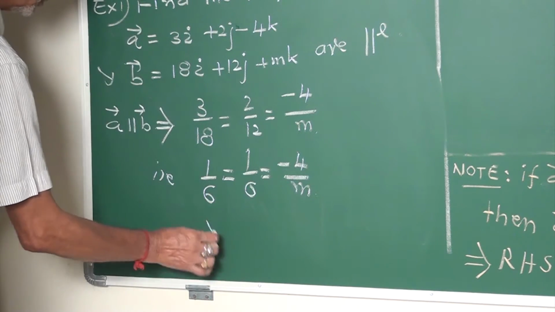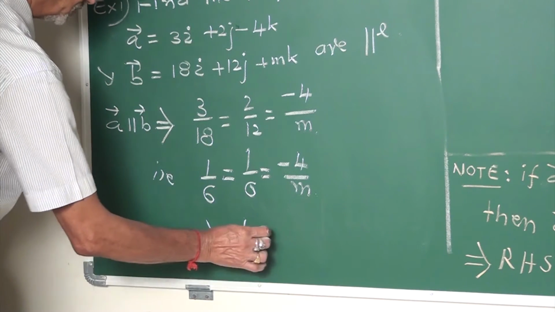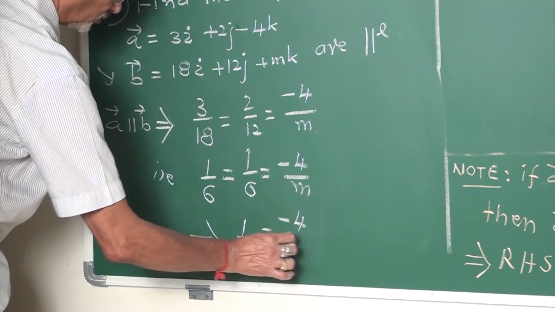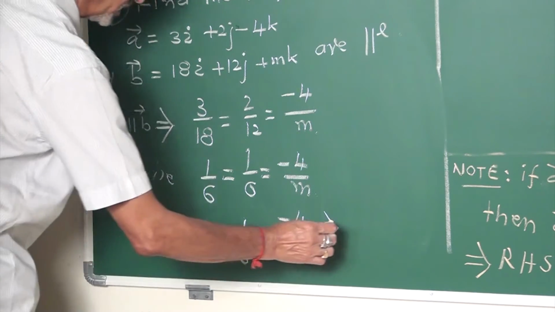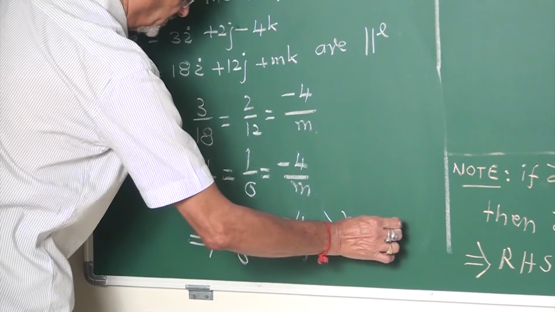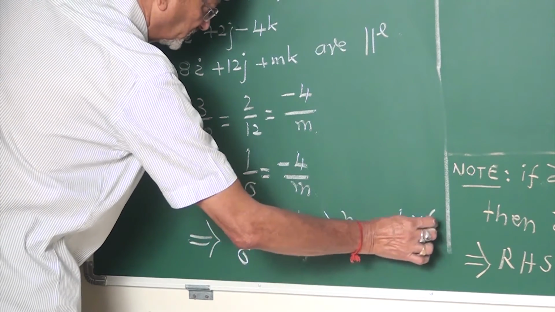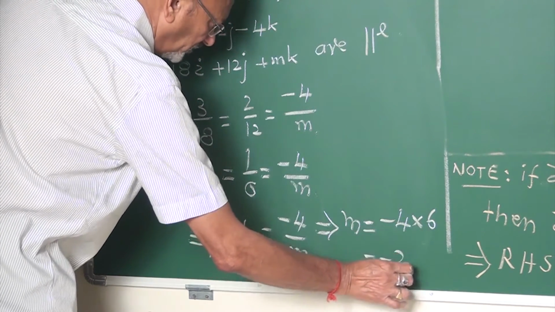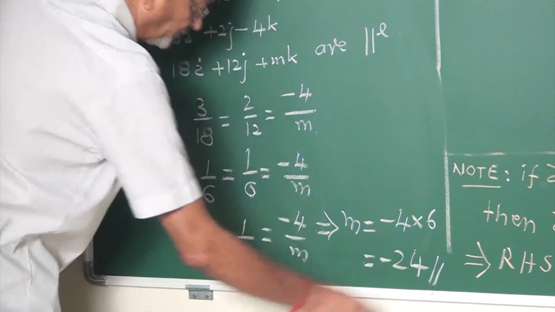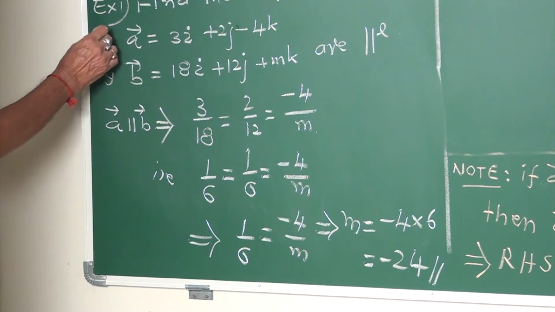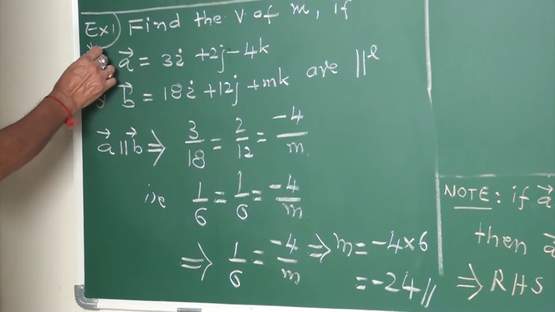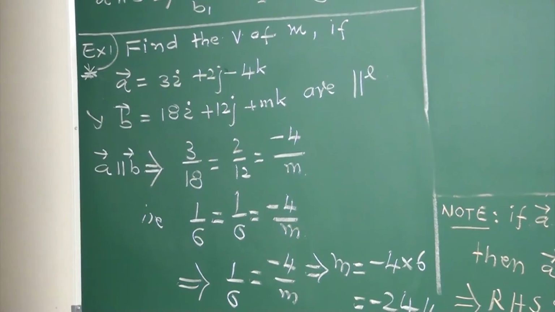Equate. This gives 1 by 6 equal to minus 4 upon m. So m equal to minus 4 into 6, which is minus 24. Star, 1 mark, and even for CET this is a very important example.